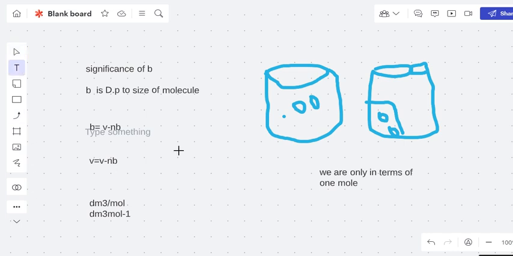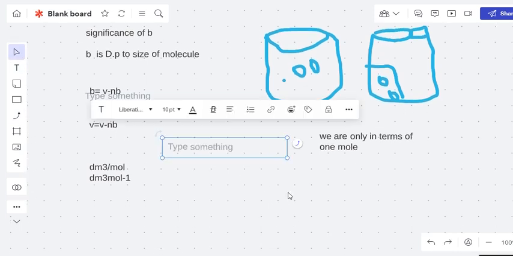Do you know what the equation is here? I'm writing the van der Waals equation: nRT, but as we are talking about only 1 mole, there is no need to write n here, so RT is equal to bracket, P plus a n square divided by V square, closing the bracket, and again a bracket, V minus nb, closing the bracket.